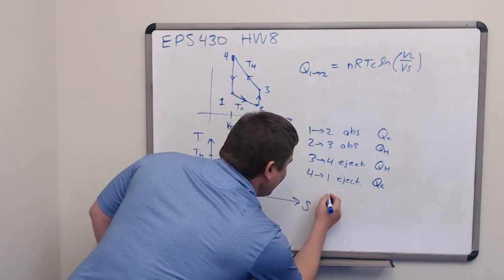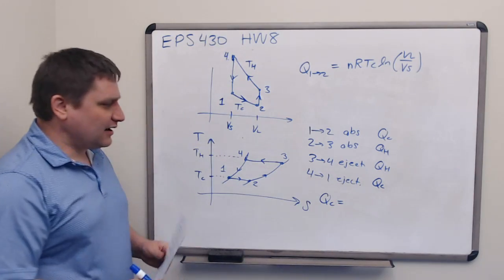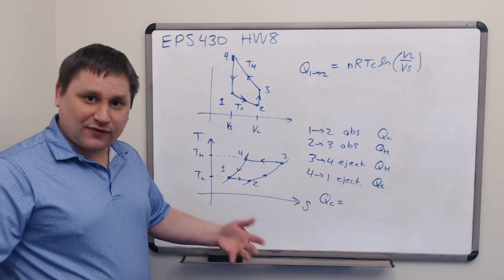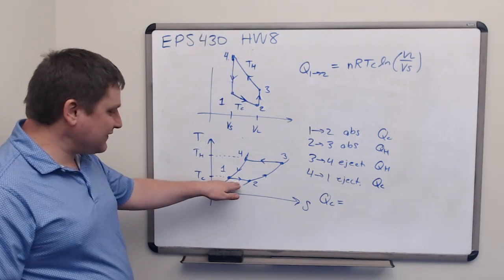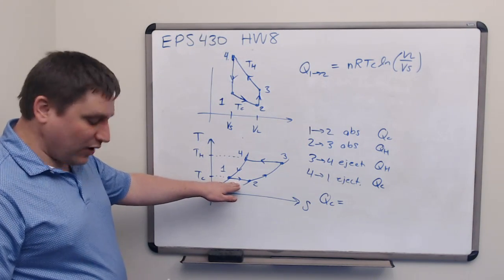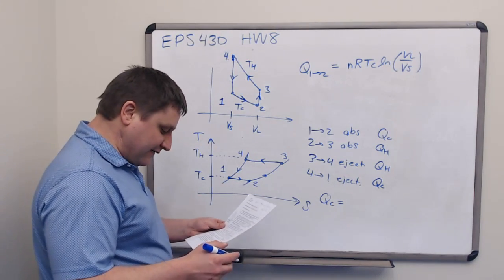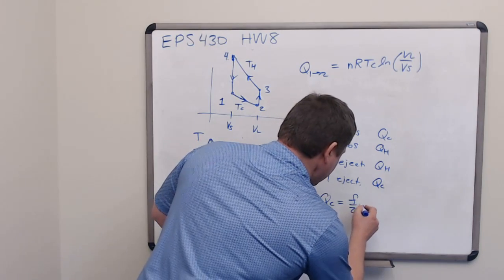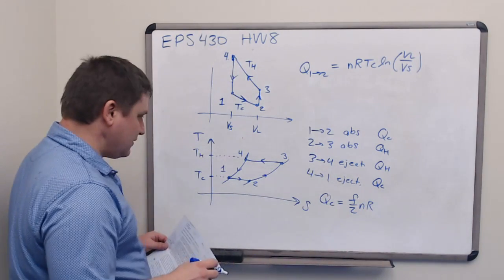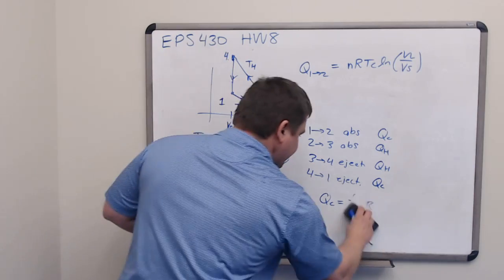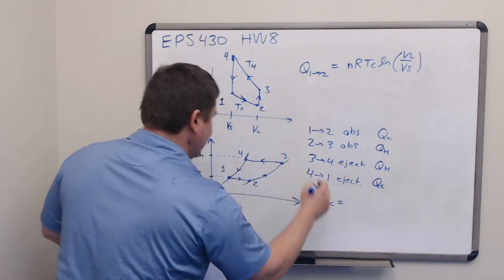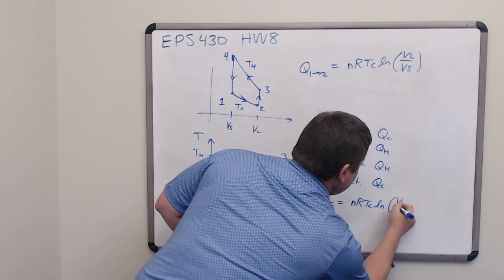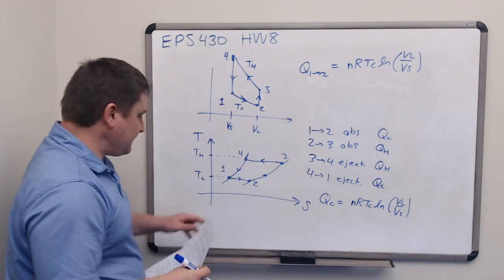Right. So when we calculate the net heat absorbed from the cold reservoir, we've got a positive contribution from the heat of 1 to 2. That's an isothermal one, right? nRTC log of VL over VS. So that's the heat from 1 to 2.